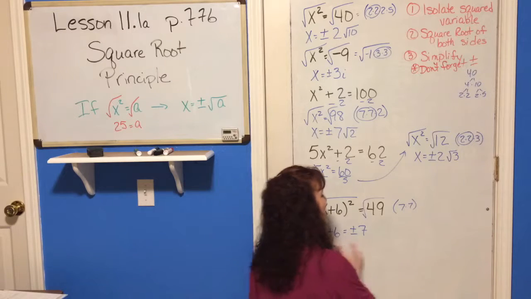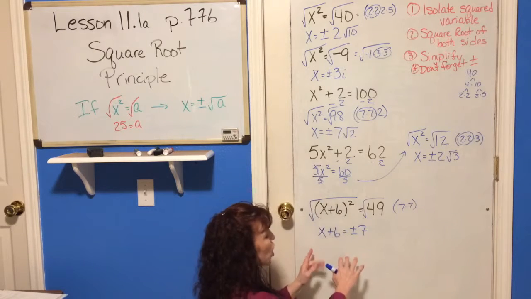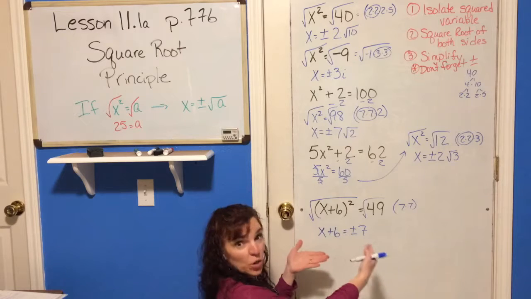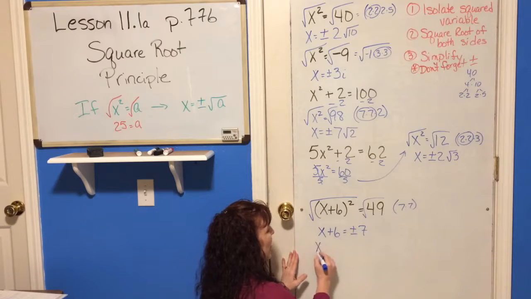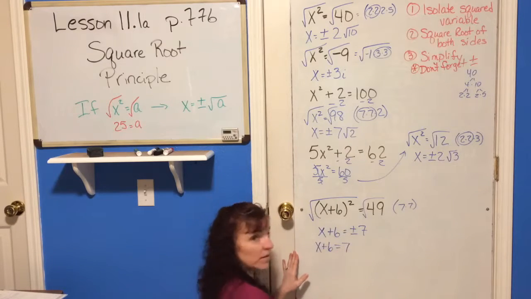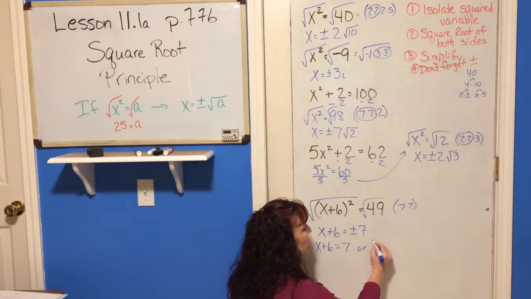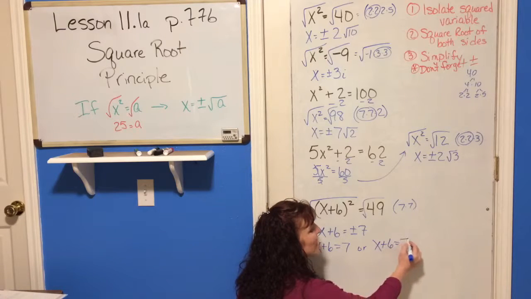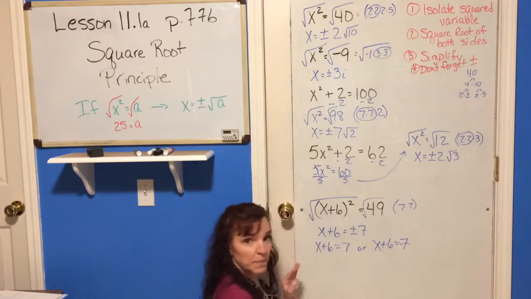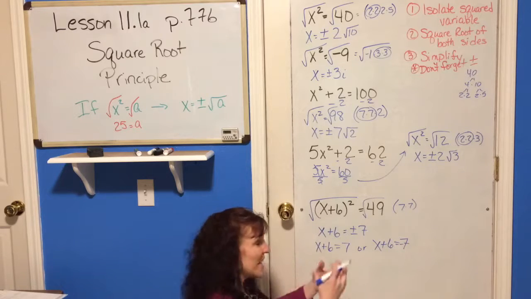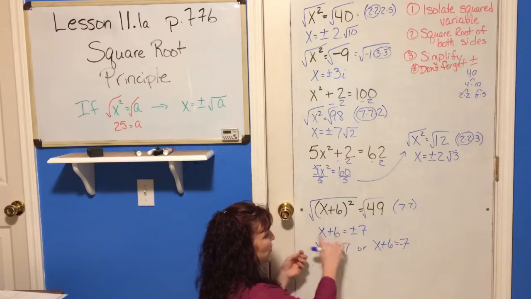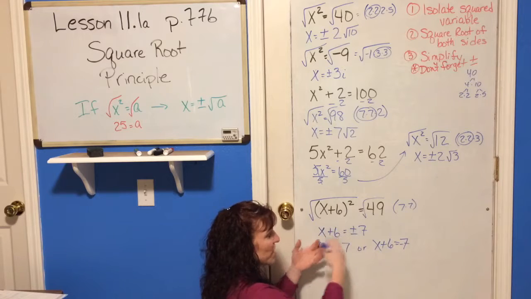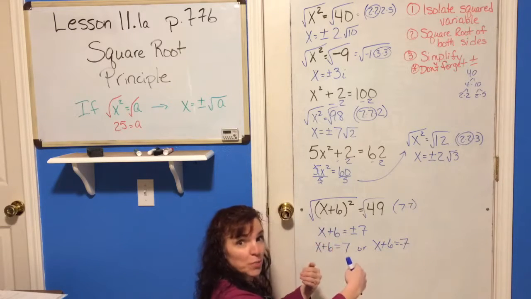So when you get to this step and you continue to solve, you actually have two equations, all right? You have x plus 6 equals 7 or x plus 6 equals negative 7, all right? So don't forget to separate those out. If you've got this type where, okay, now you're adding or subtracting something, separate it out into two separate problems.